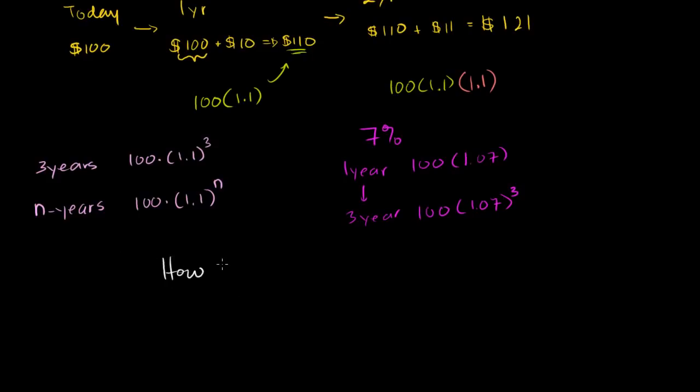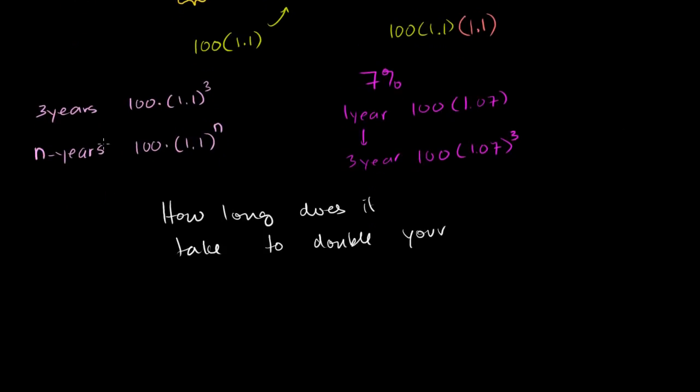If you were to just use this math right here, you'd have to say, gee, I would have to start with $100, and I'm going to multiply that times, let's say it's 10% interest, 1.1 to the x, is equal to, well, I'm going to double my money, so it's going to have to equal $200.